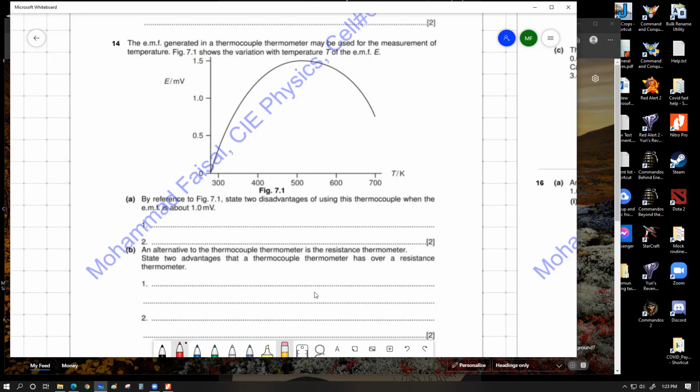For those of you who do not know what a resistance thermometer is, a resistance thermometer is basically a thermometer that relies upon the change of resistance of a specific substance with respect to temperature. If we use a metal or an alloy of multiple metals, as temperature goes higher, the resistance is also going to go higher. So if you plot a graph of resistance versus temperature, you're going to get an increasing graph.